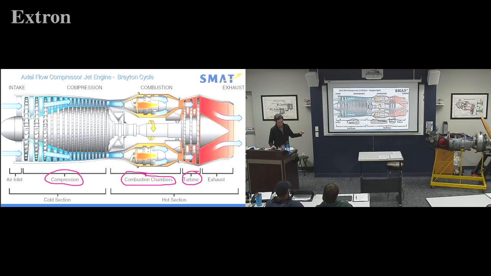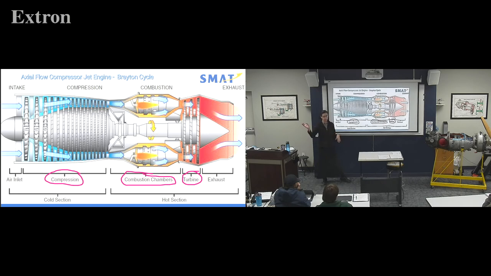Oh, hey, one last term that's on the slide: the cold section and the hot section. The cold section is the compressor section, before any burning, any fire going on. And we'll talk later, this is where we pull bleed air off for all our accessories.